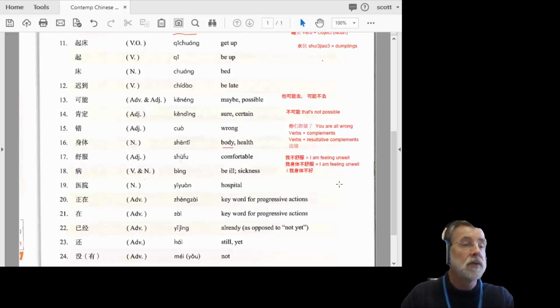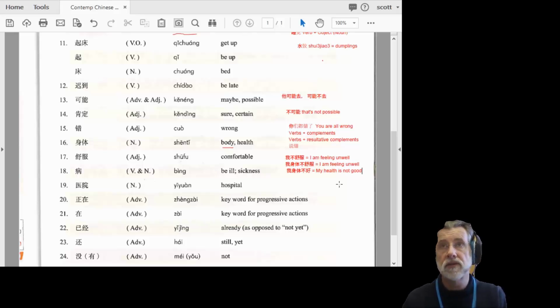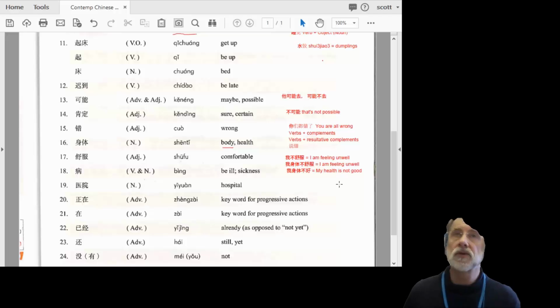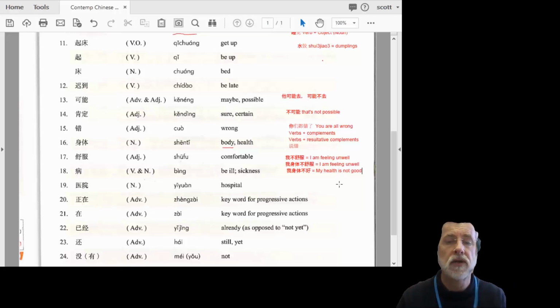And if we go down here, 我身体不好 means literally, my health is not good. And that's referring to not just feeling sick, but also a bigger concept where you're not in good health. So there's two examples of how 身体 is used. The first one is literally, I am feeling unwell, my body is feeling uncomfortable, 我身体不舒服. And the second one is talking about my health in general is not good.